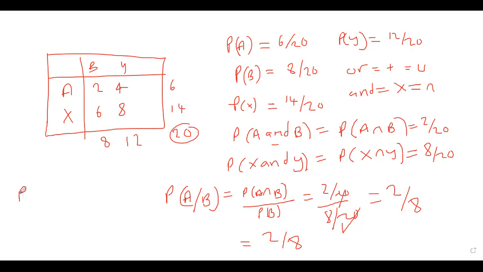So what is X given Y? 8 over 12, because the total for Y is 12. Good. How about Y given X? 8 over 14.